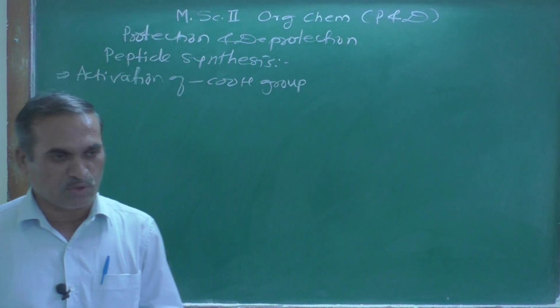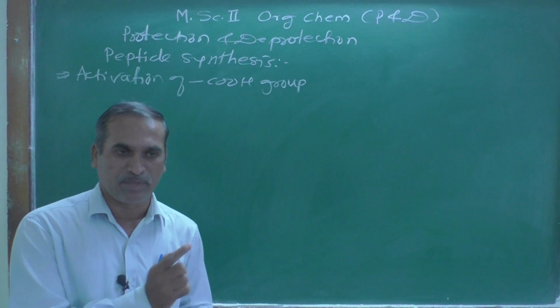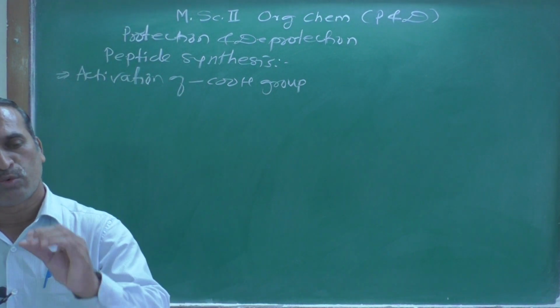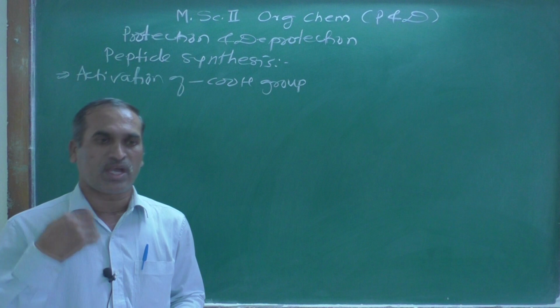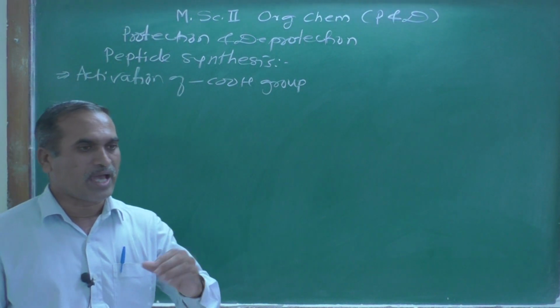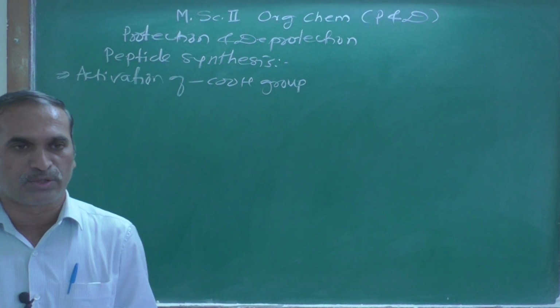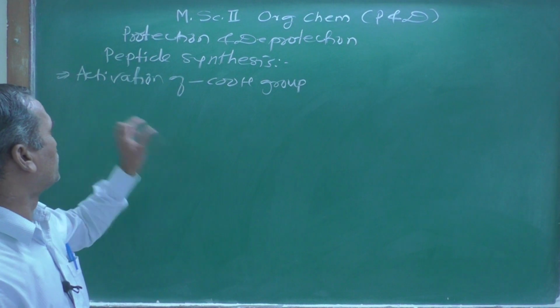As we know, the COOH group is less reactive than the amino group. Now what are the reagents which can increase the reactivity of the carboxylic group, that we are going to learn today.